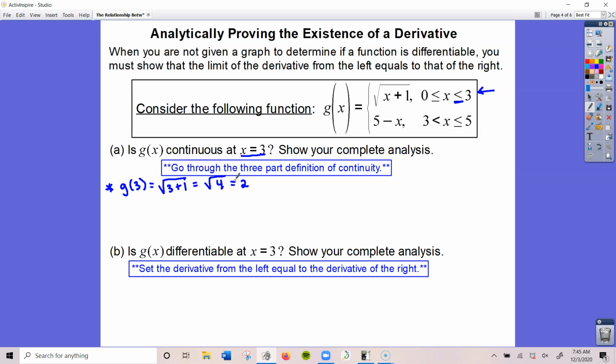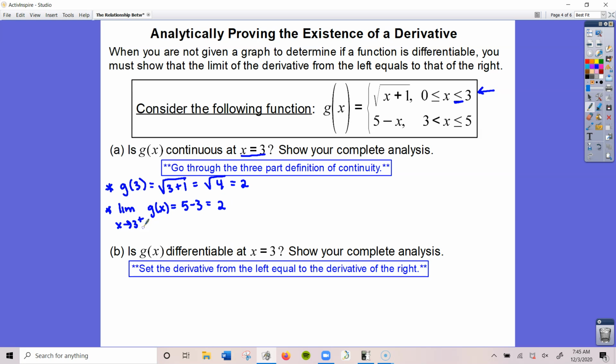Now my defined value is also the limit value from the left. So in order to determine the limit of g of x as x is approaching 3, I need to now find the limit as x is approaching 3 from the right of g of x. So I'm going to plug it into this bottom equation here, and I get 5 minus 3, which also equals 2.